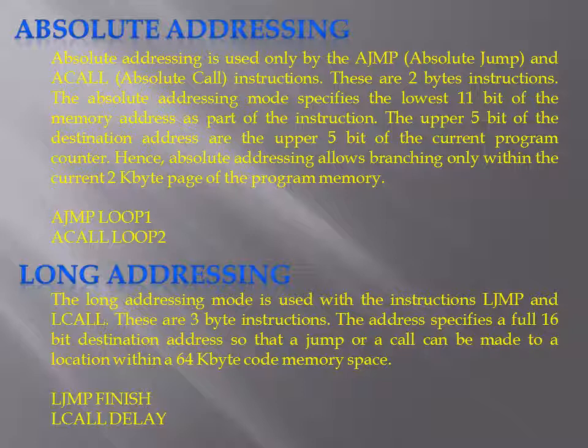The absolute addressing mode specifies the lowest 11 bits of the address as part of the instruction, while the upper 5 bits of the destination address come from the program counter. Hence absolute addressing allows branching only within that internal memory.